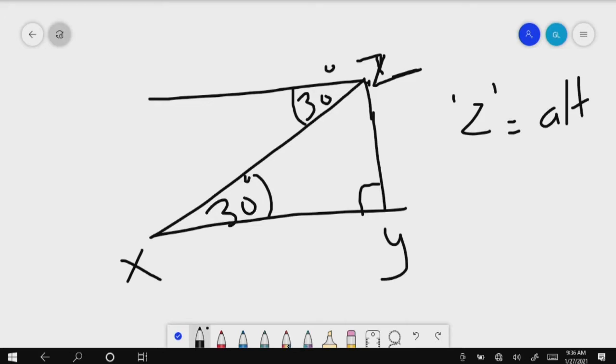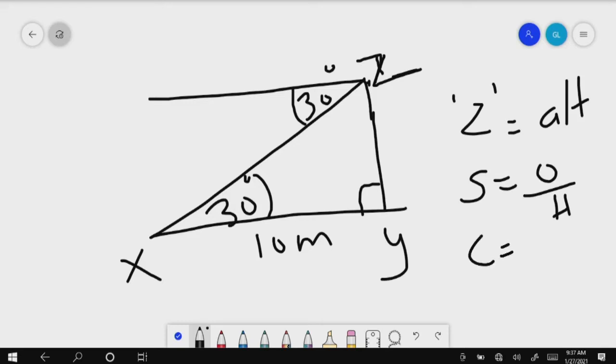Hence, for us to find the length ZY, we use another trigonometric ratio. Again, the sine ratio is opposite upon hypotenuse, the cos ratio is adjacent upon hypotenuse, and the tan ratio is opposite upon adjacent.